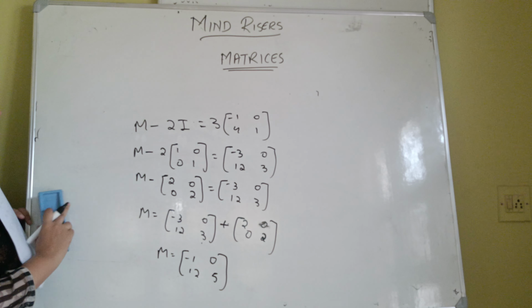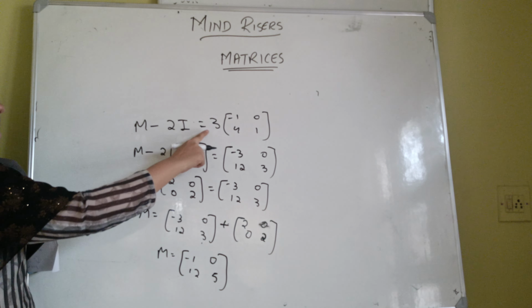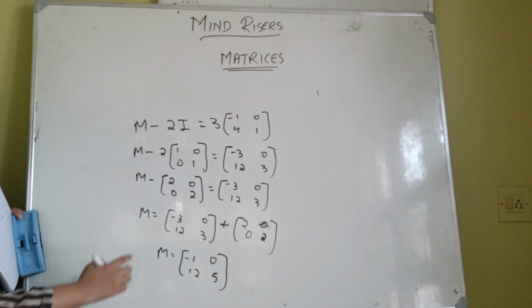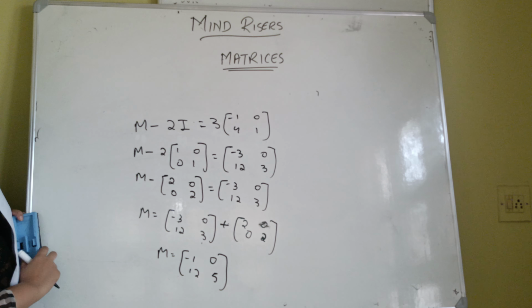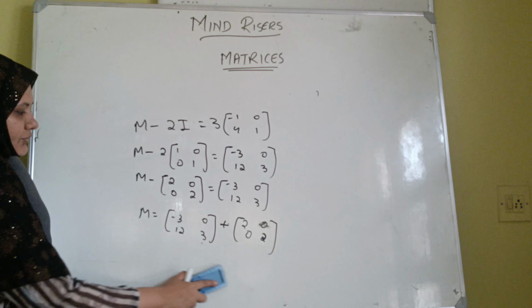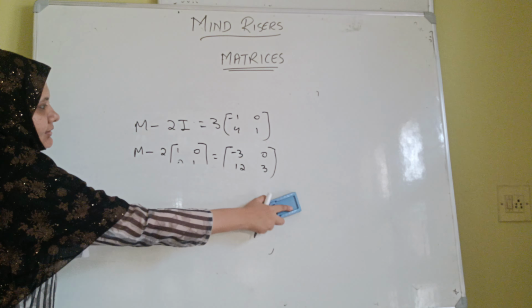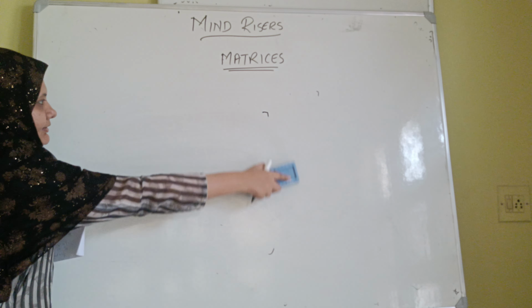Alright, so here what did we do? We also did multiplication of matrices with numbers outside the matrix. Let us do some more sums of the same kind.